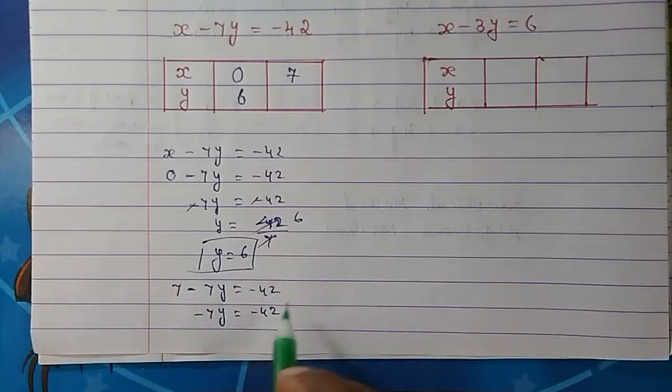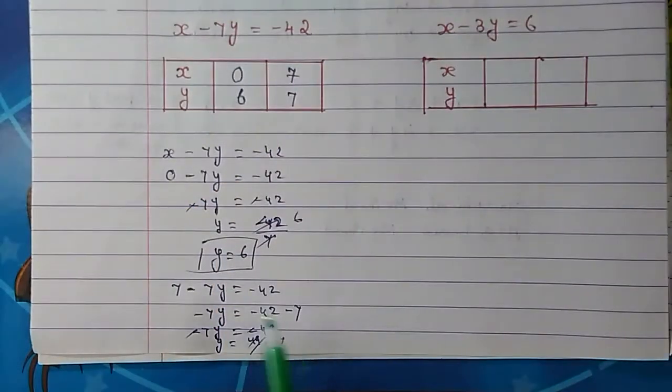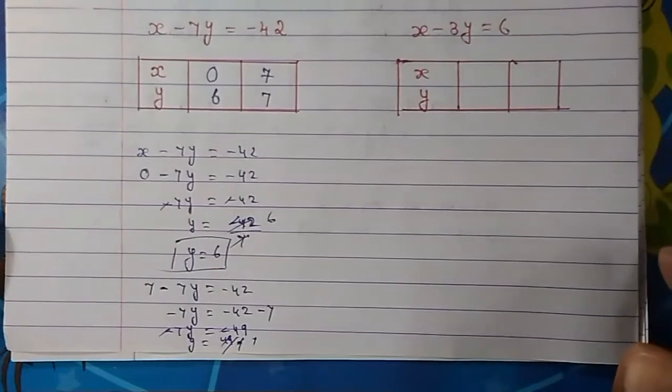This plus 7 will come to this side and become minus, so minus 7y equals minus 42 minus 7, which gives minus 49. Then the minus gets cut, so y equals 49 divided by 7. 7 times 7 I will get 49. So like that you have to find out. So I got two solutions here. Same way you have to find out for this equation also.